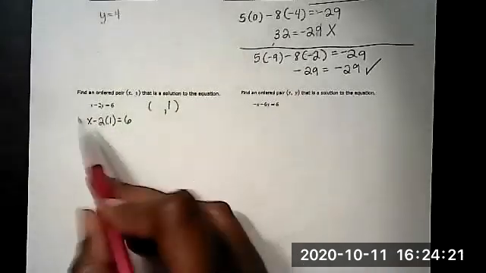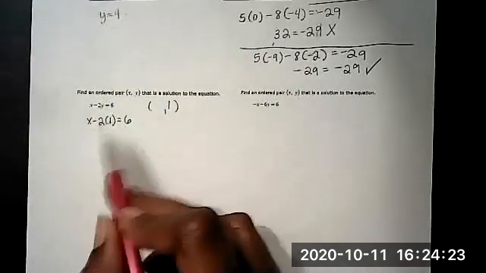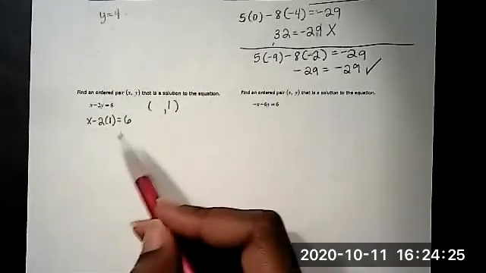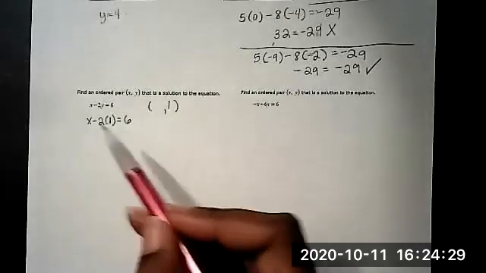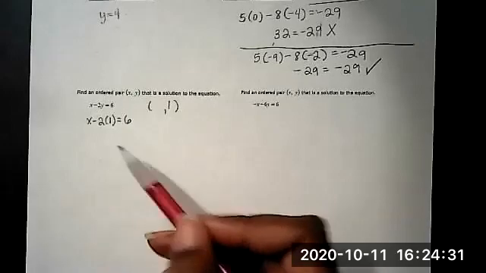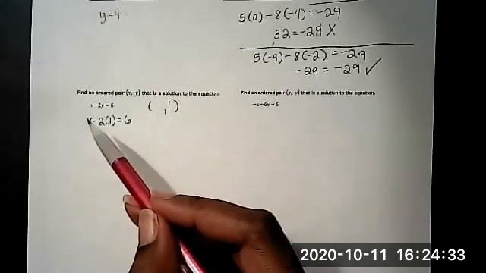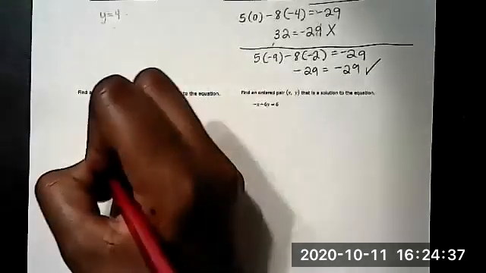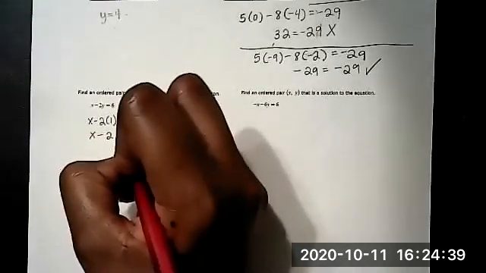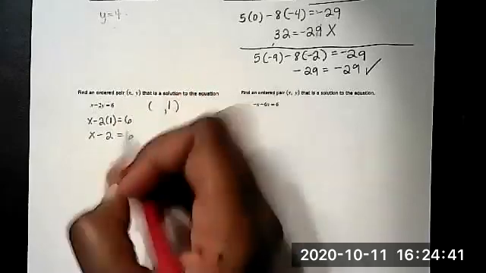What would my x have to be in order for this to come out to be true? I need to solve now for x. Now that I have 1 in for y, I can get x by itself. So 2 times 1 now becomes 2. I'm leaving 6 alone.